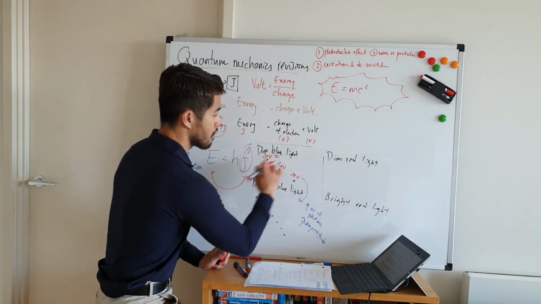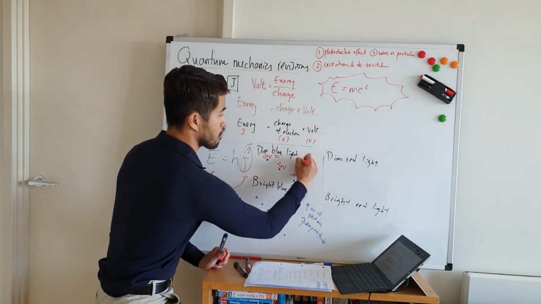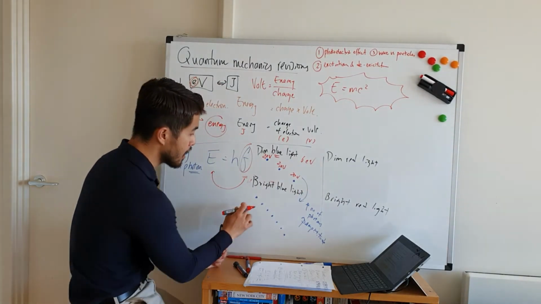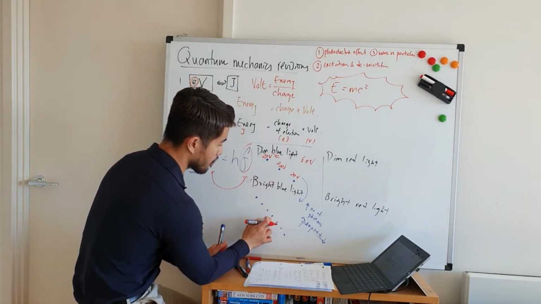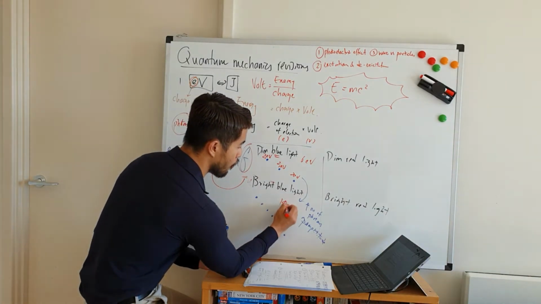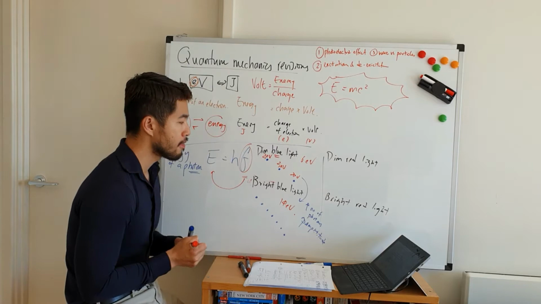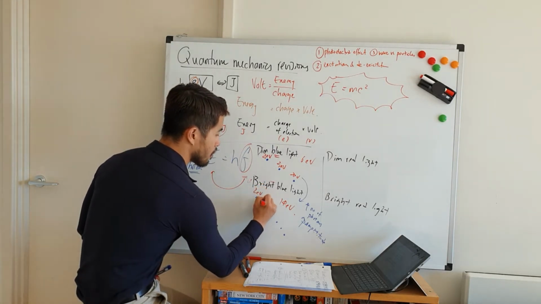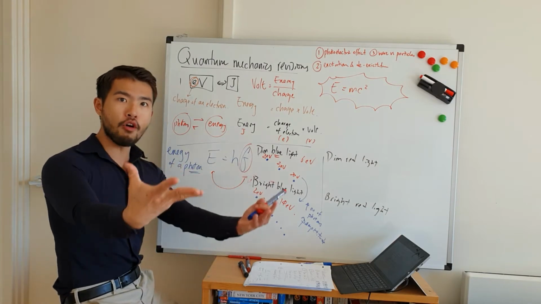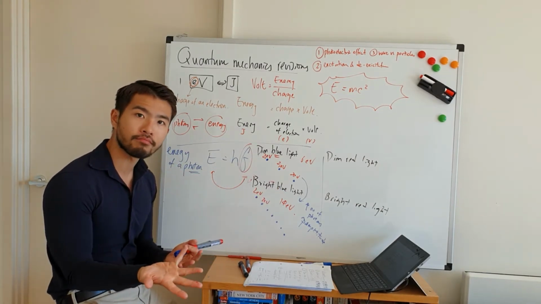In total, this will be 6 joules, 6 eV, right? And here it will be 14 eV. All of these photons are the same energy, but there are more of them, so it's brighter.